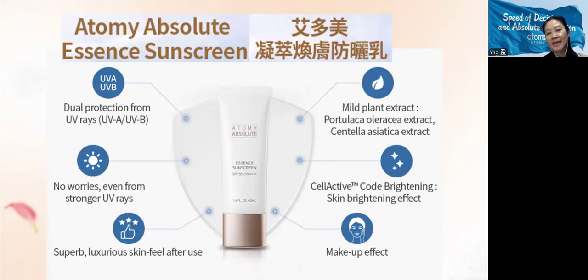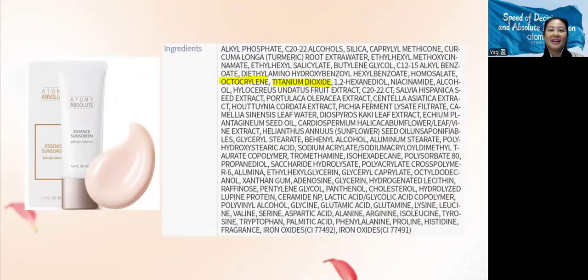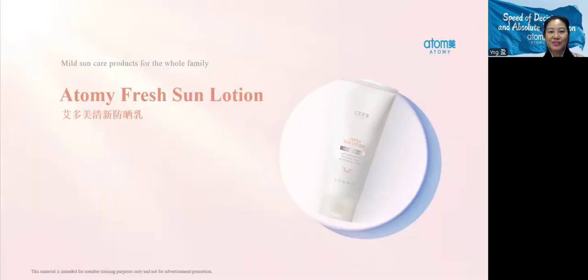It has a makeup effect, and it has a cell active coat for brightening, which gives our skin a brightening effect. It also has mild plant extract of Centella asiatica. And you see, it has both the chemical filter and the oxide. So this is a combination of physical and chemical sunscreen.